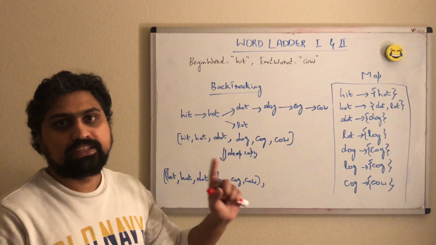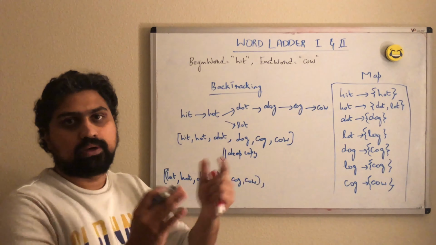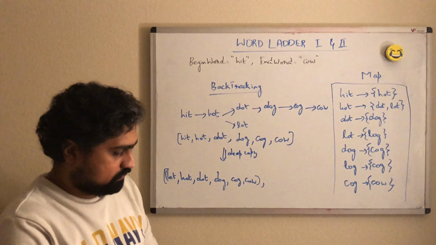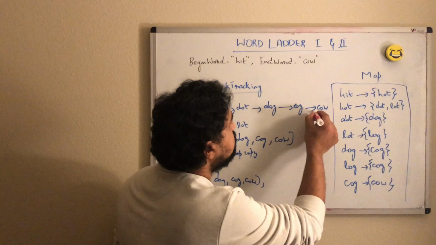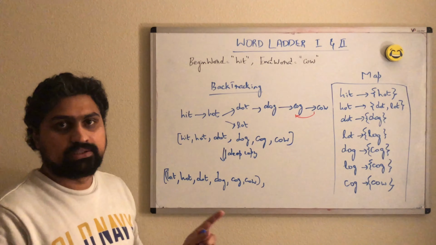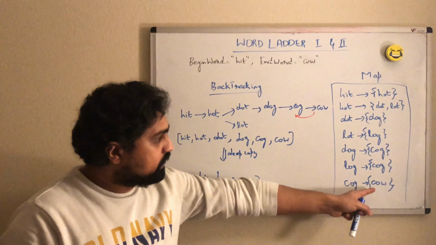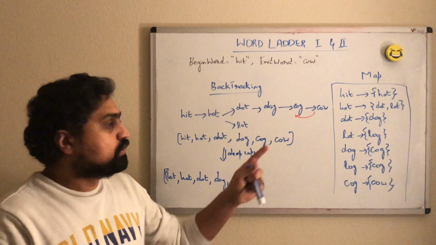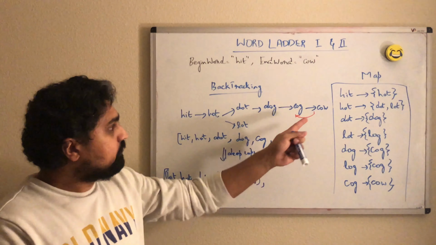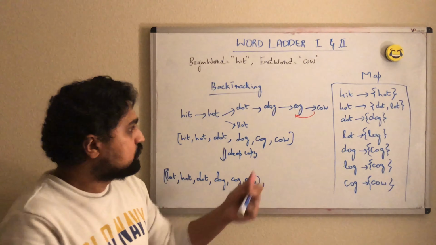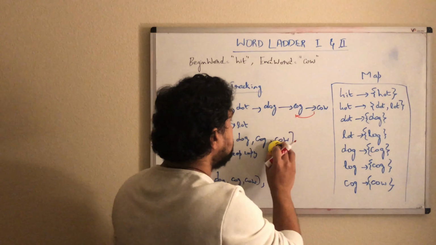Okay, now let's backtrack from this end word and find out other possible solutions. From cog, are there any other possible solutions? There is only one transformation possible from cog, so there are no other transformations. Whenever we backtrack from one word to its previous level, we delete that word from this list.